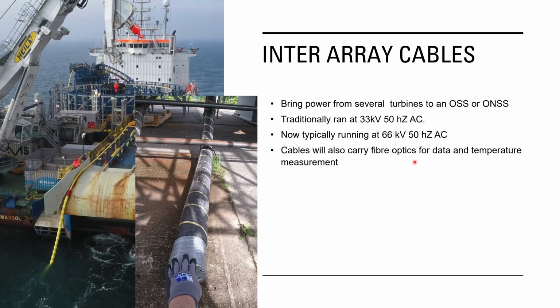So cables also carry fiber optics for data and temperature measurement. That last one, temperature measurement, is relatively important. We chuck the cables out of the back of a ship, like this generic cable laying ship, and then typically what you'll do is you'll trench that cable at least 1 meter under the permanent sand bed. There's many reasons for that, not least fishermen dragging scallop dredgers over everything.